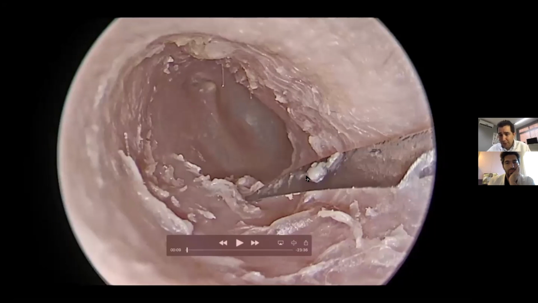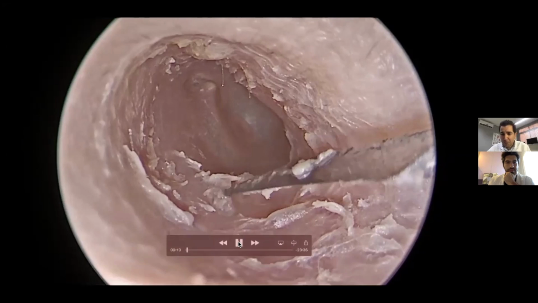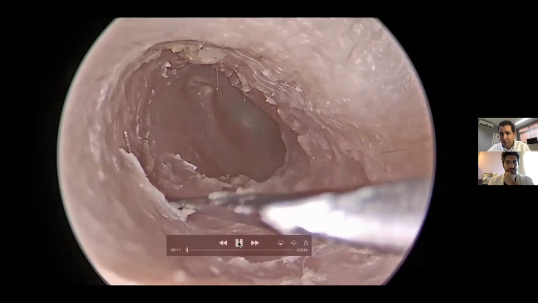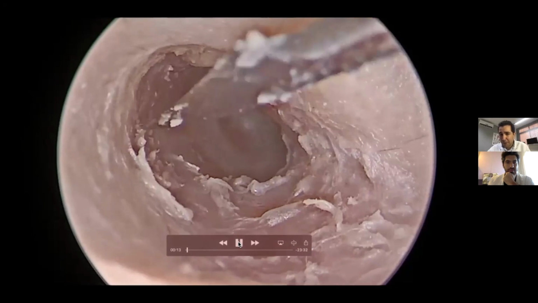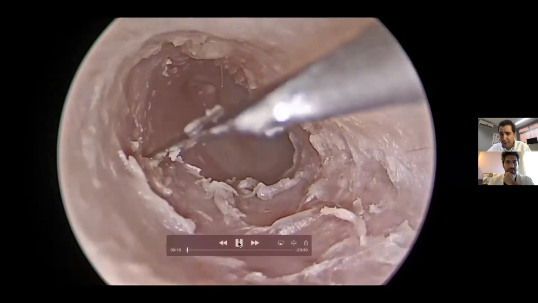So this is not a surgical demonstration. If it was a surgical demonstration, I would show how to infiltrate, how to put the cottonoids. This is rather an anatomical dissection, an anatomical demonstration. So the first part of the demonstration, of course, is to elevate the tympanomeatal flap. This can be done with several instruments.